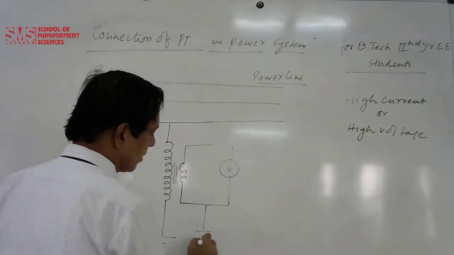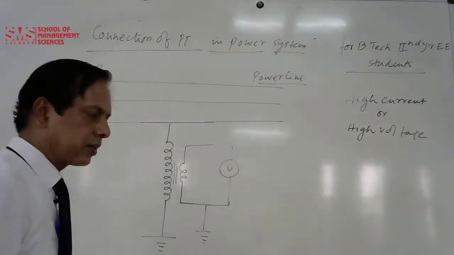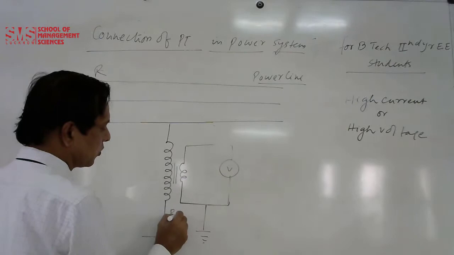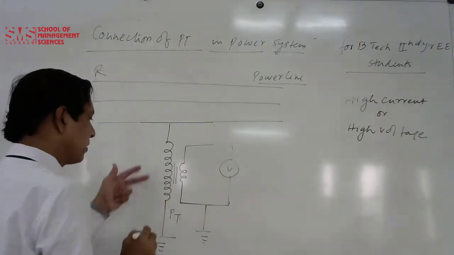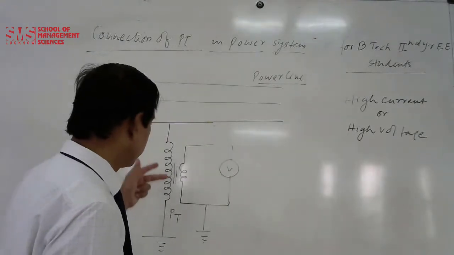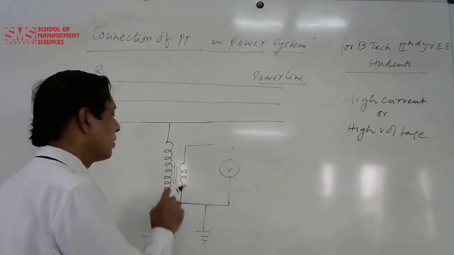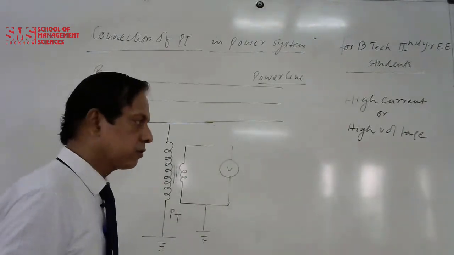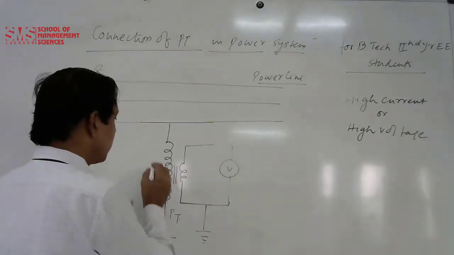This is also grounded to avoid any shock. So this is the primary winding of the potential transformer. We see here the number of turns in the primary winding is very high. At the same time, the number of turns in the secondary winding is very low.